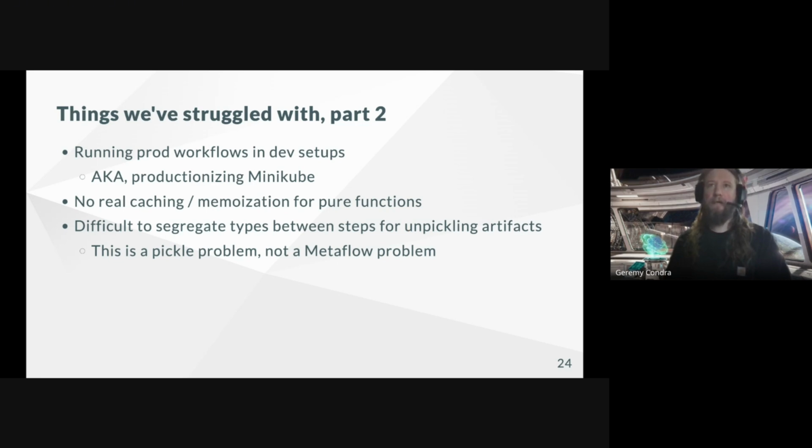Nick mentioned memoization and pure function caching. That causes some challenges, because as your types change over time, you can't necessarily reuse a stored artifact the way you could with something like protobuf.